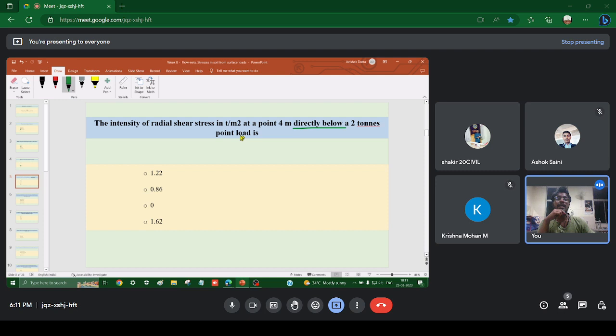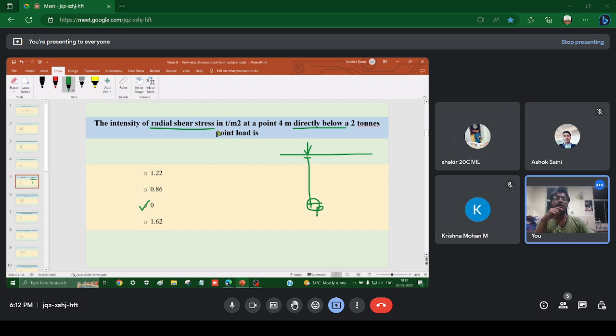So will there be any radial shear stress or only normal stress? Only normal stress. So the intensity of radial shear stress is how much? Zero.